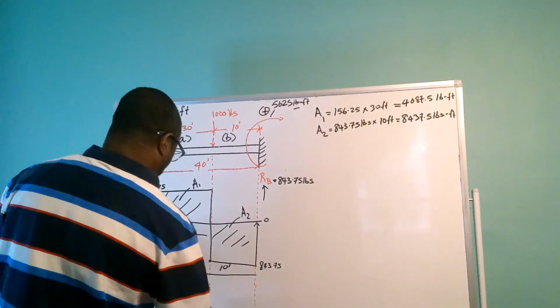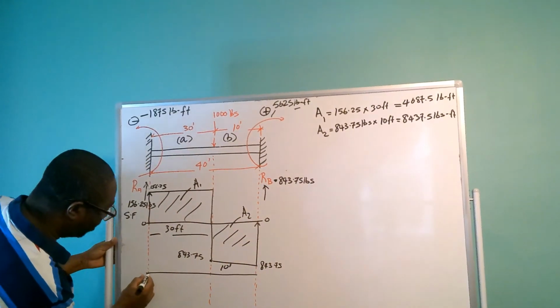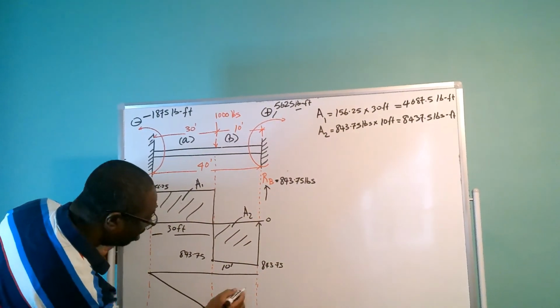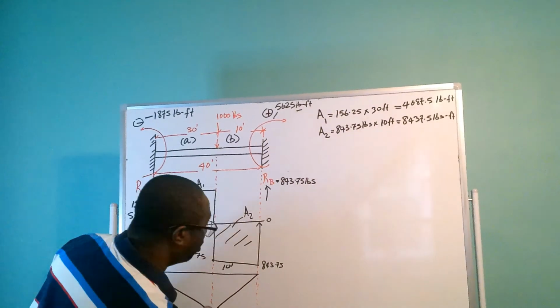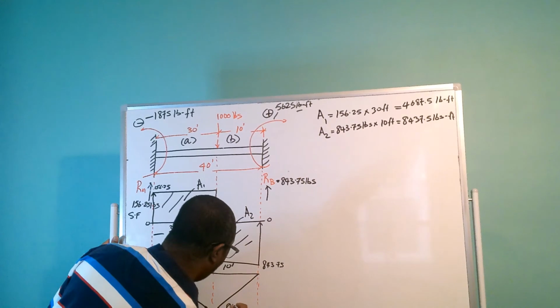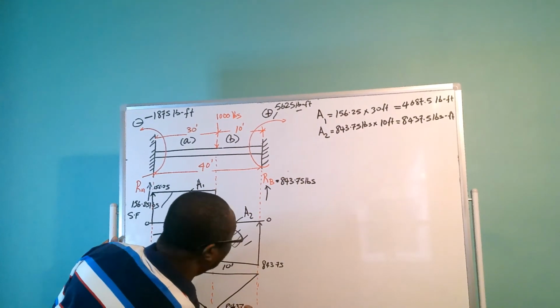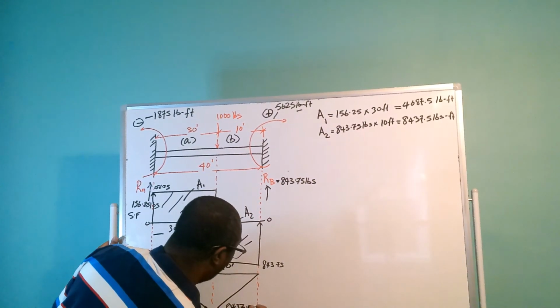So our bending moments diagram is going to look something like this. Since it's a point load, the maximum bending moment is going to be 8,437.5 pounds foot.